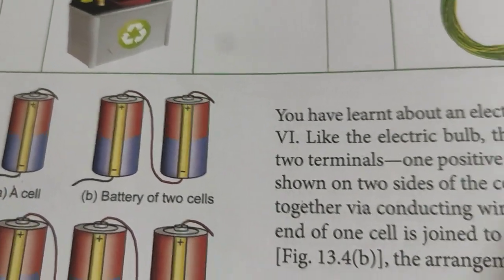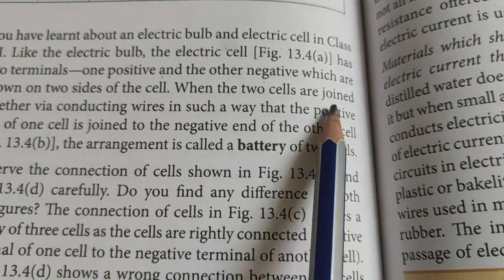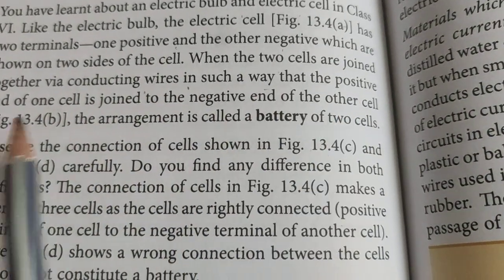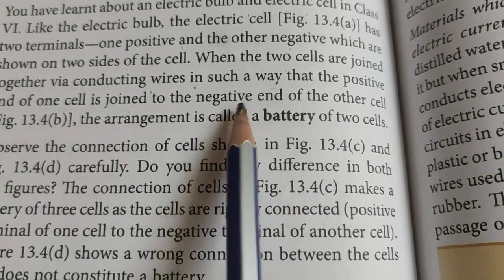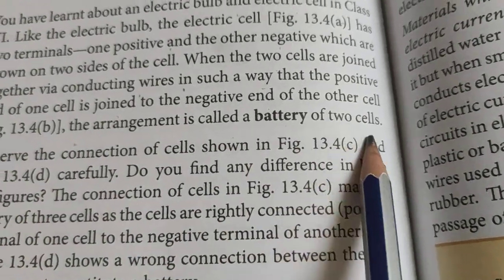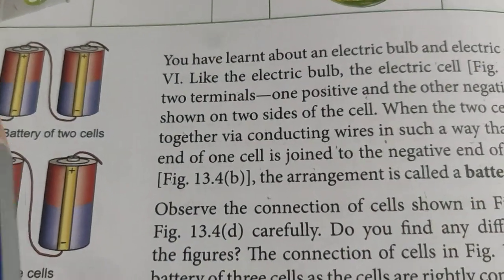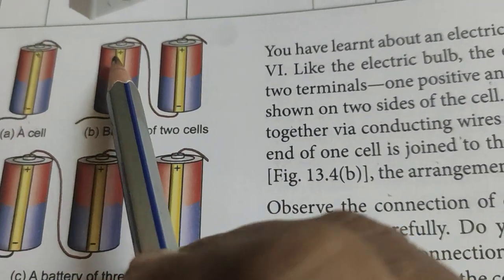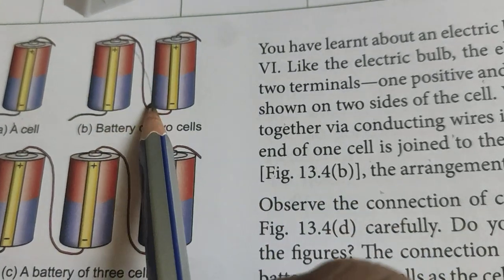When two cells are joined together via conducting wire in such a way that the positive end of one cell is joined to the negative end of the other cell, the arrangement is said to be a battery of two cells. Suppose there are two batteries and this is a conducting wire.